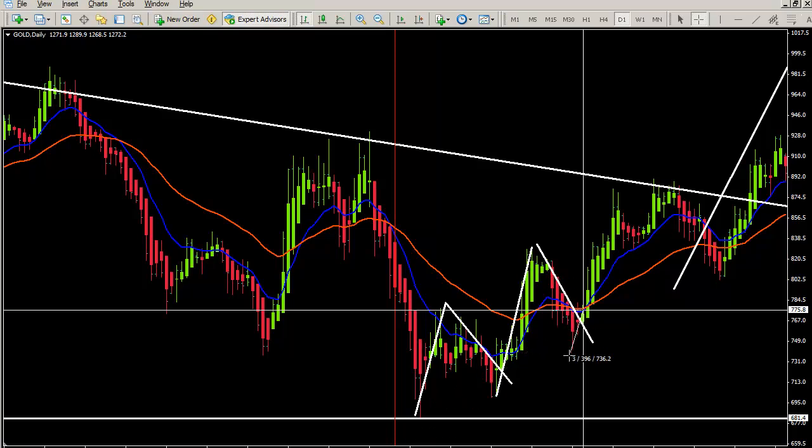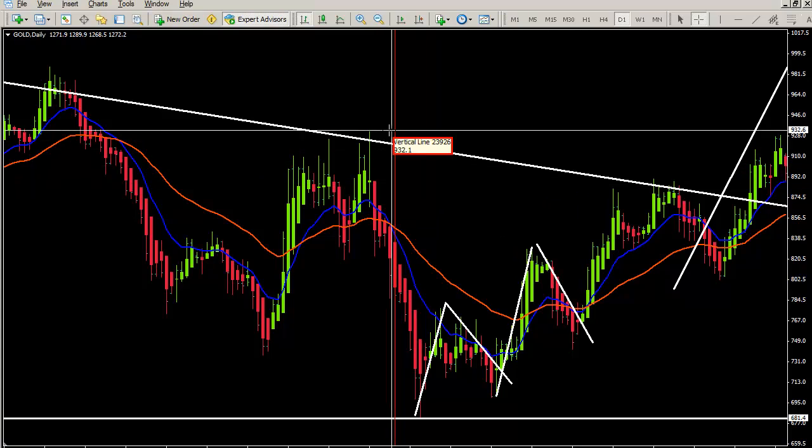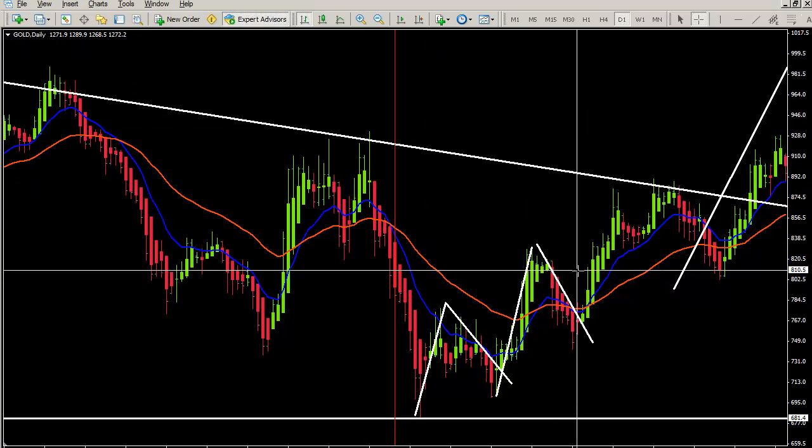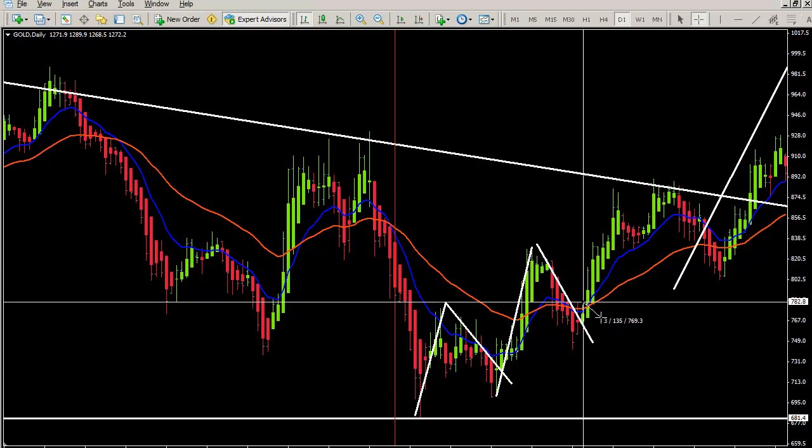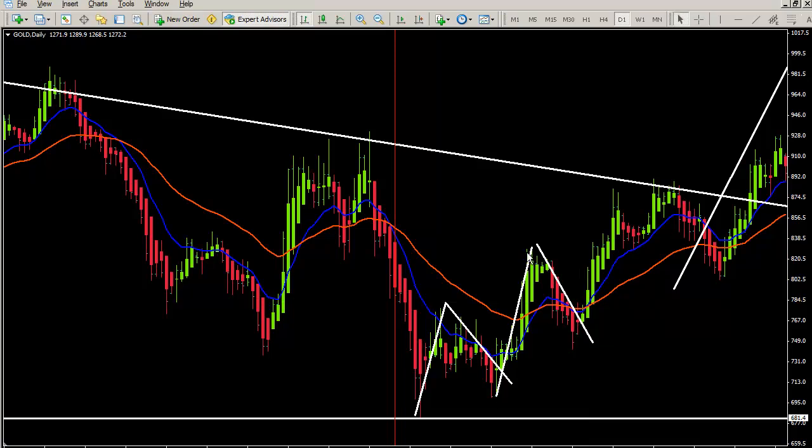If this target is too small, if this target would be somewhere here or here, then it's wiser to take the second entry and place the stop below the previous low. Okay, this 1, 2, 3, not the low here or here.